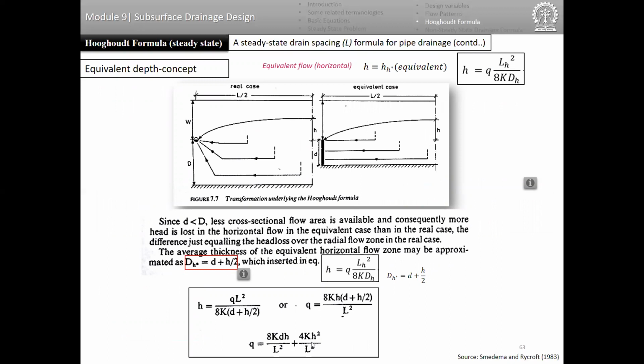Here d is the equivalent depth, obtained by assuming an imaginary impervious layer above the actual impervious layer, so that we can apply the Dupuit-Forchheimer assumption and the flow lines will be horizontal, and indirectly we consider the radial flow as well.